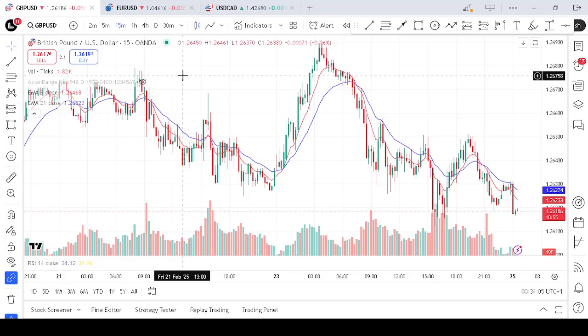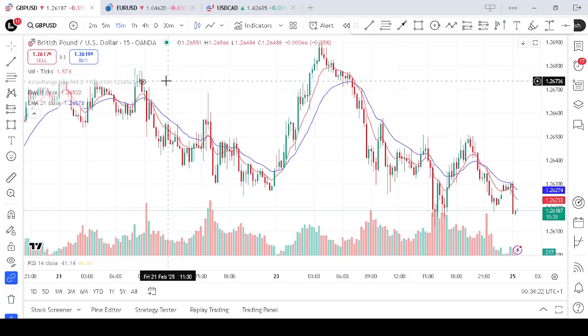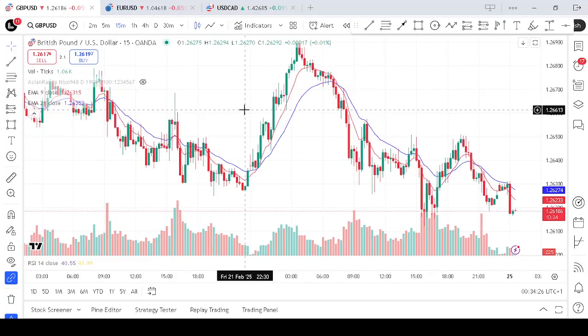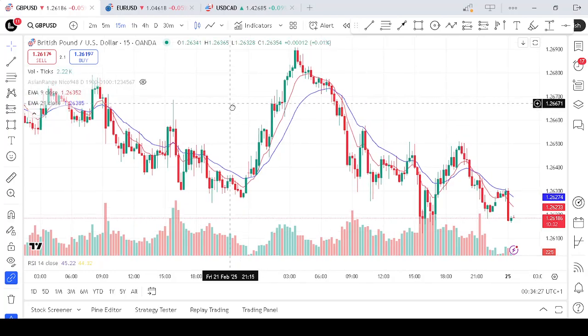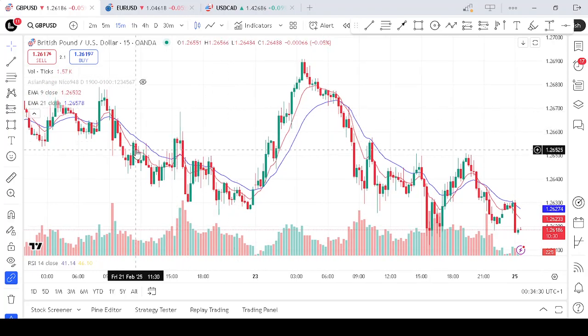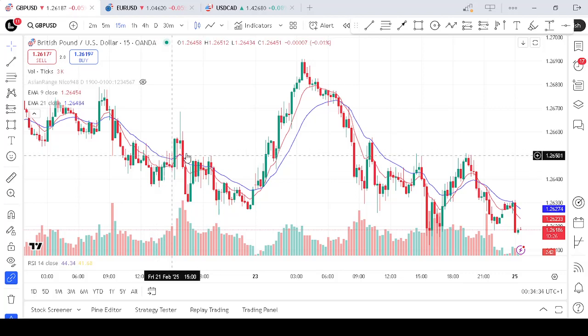If you are a swing trader, on the other hand, you would like to use longer term averages such as the 50 SMA, that's the simple moving average, and the 200 SMA to capture broader trends. Now, as you can see on my screen, I'm making use of the short term moving averages, which are the 9 EMA and the 21 EMA.